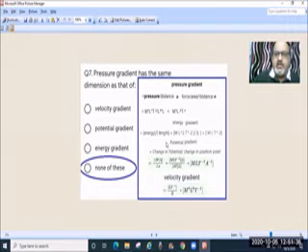Now see the potential gradient, change in potential per unit distance. Potential is W by Q, work over charge, and this is the distance.